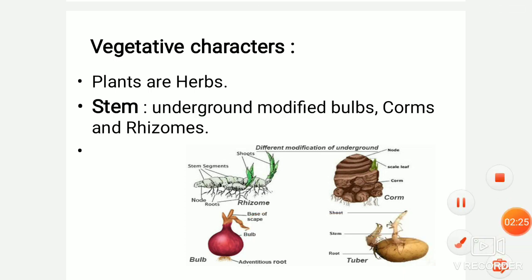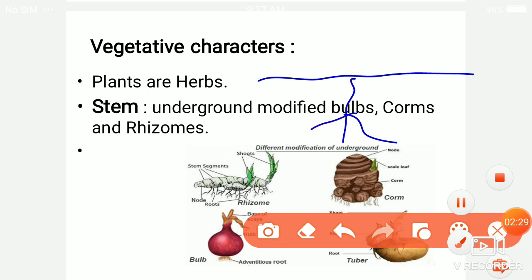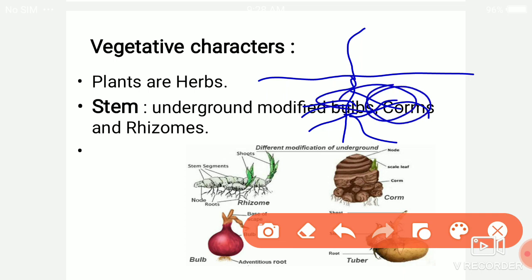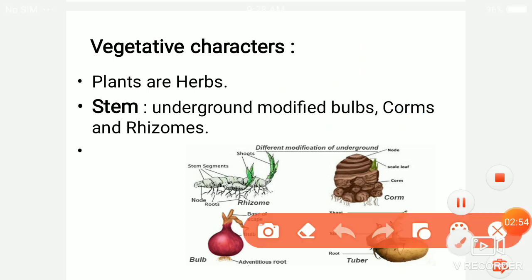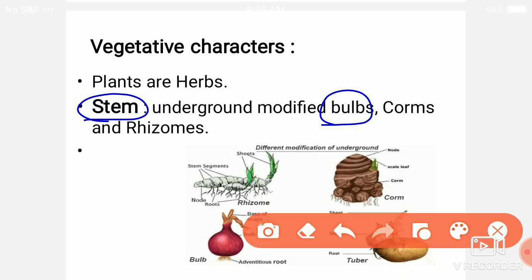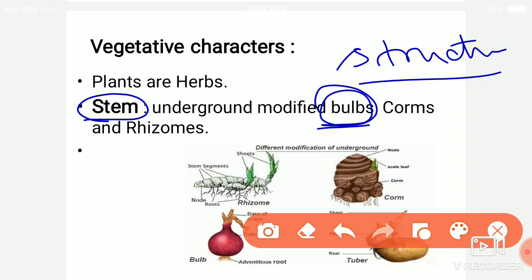The roots grow below the ground, but here the stem, instead of growing above the ground, will grow below the ground and modify into some structure. Let's see what structures they are. The stem instead of growing above the ground grows below the ground and modifies its structure. Those structures are called a bulb, a corm and a rhizome.